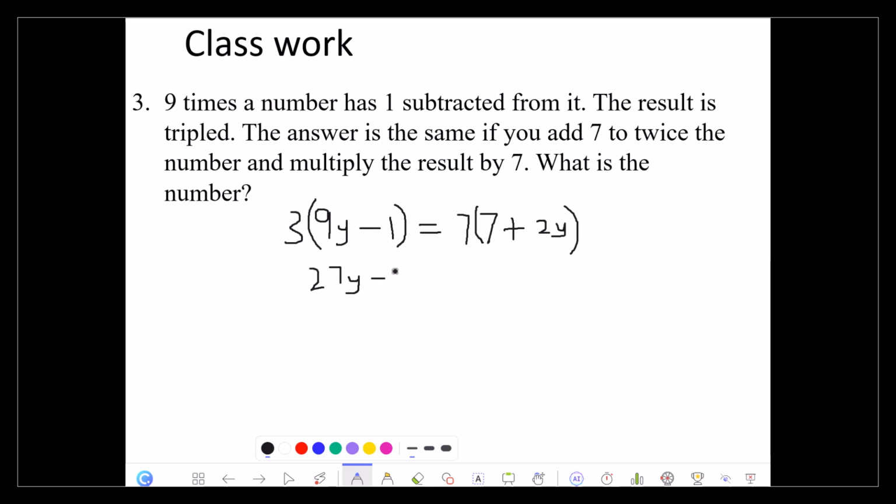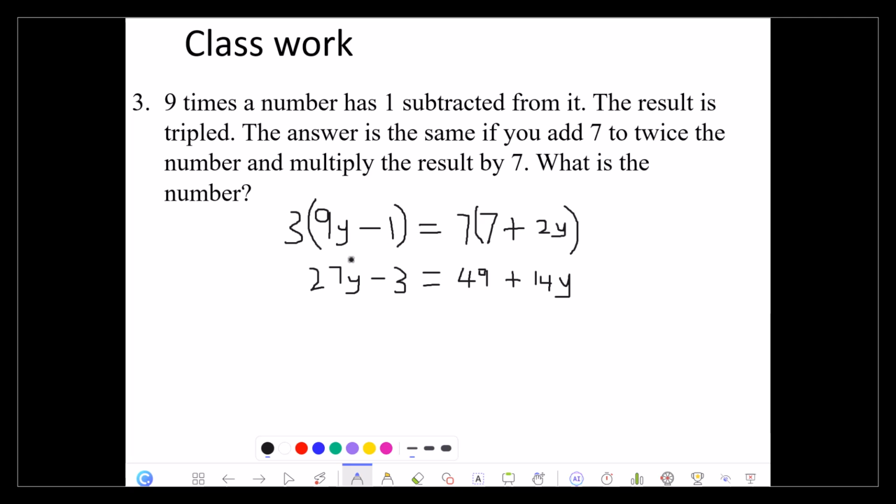minus 3 times 1 will give us 3 equals to 7 times 7 will give us 49. Then 7 times 2 will give us 14, which is 14y. Then collect your like terms.